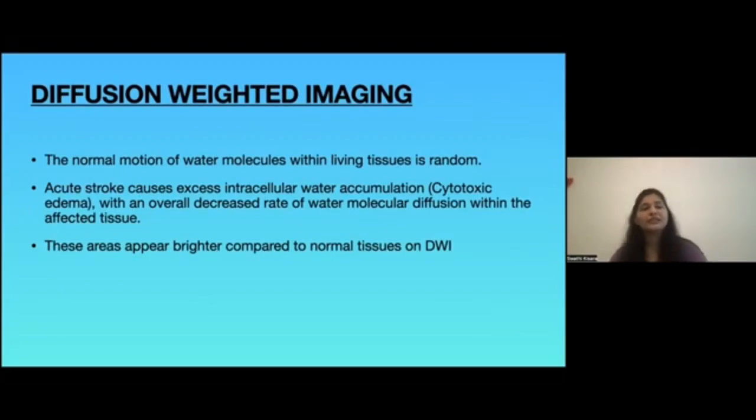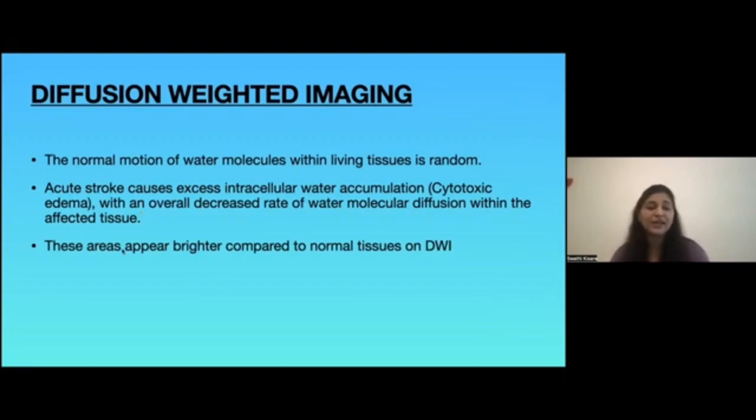So diffusion weighted imaging makes use of the movement of the water molecules within the tissues. The normal motion of water molecules within the living tissues is random. Acute stroke causes excess intracellular water accumulation. Like I said, it's because of cytotoxic edema, with an overall decreased rate of water molecular diffusion within the affected tissue.